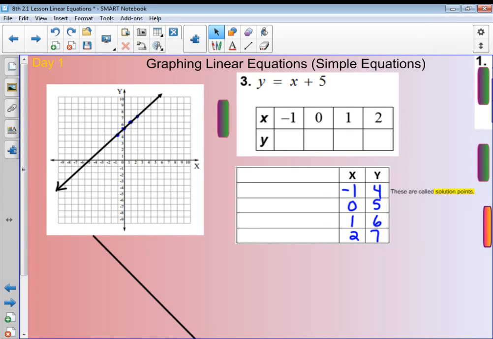That's what you should have ended up with for this number 3, working through that equation.